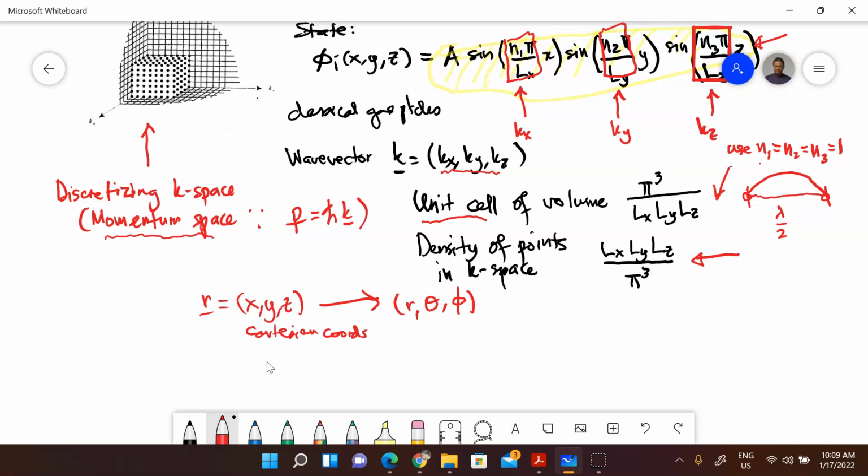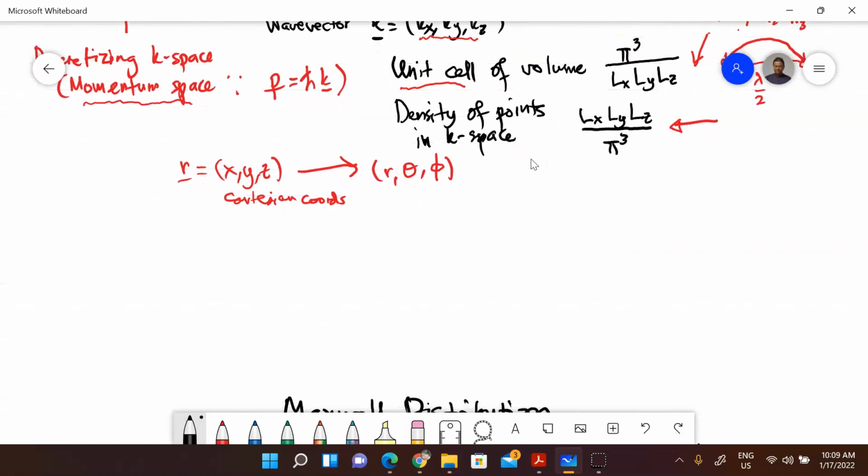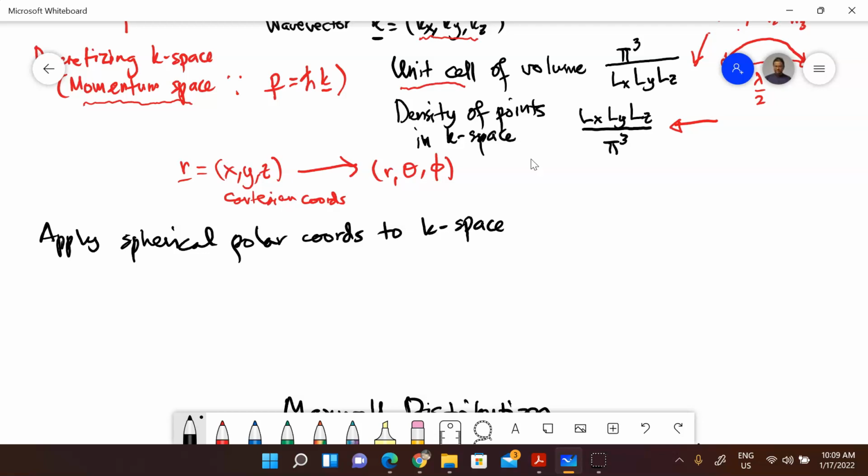Let me push this thing up. So when you apply spherical polar coordinates to k-space, we're going to replace kx, ky, kz, which is just like your x, y, z over here, by the spherical polar coordinates.